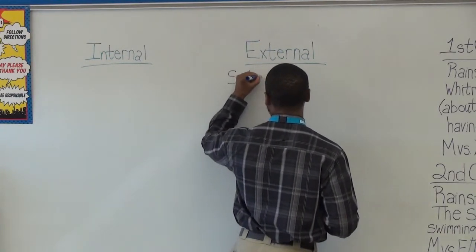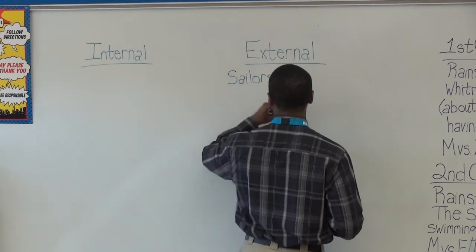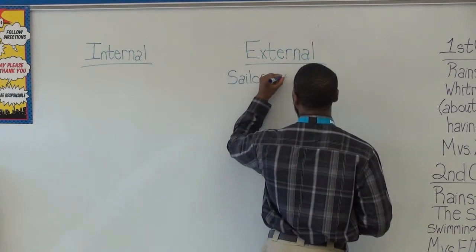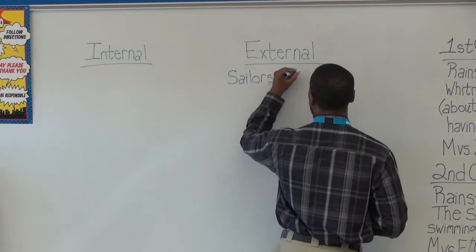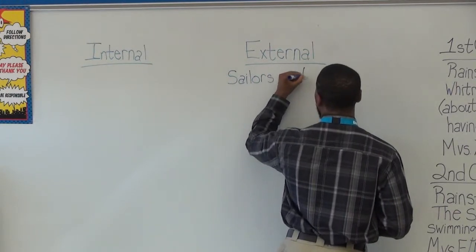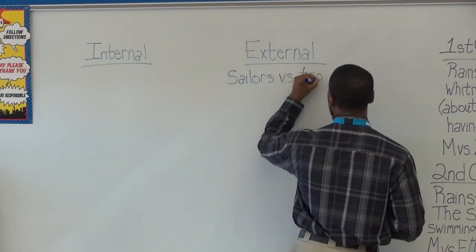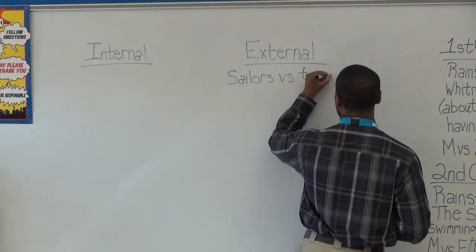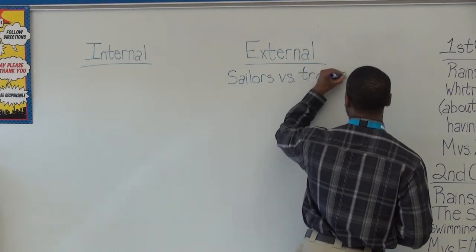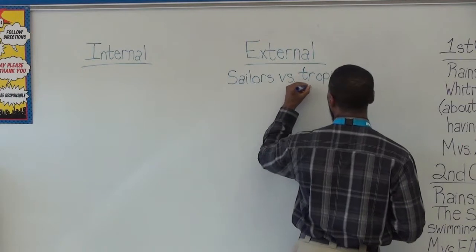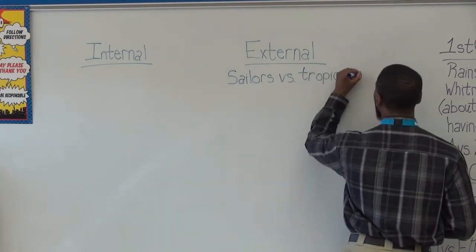Okay? So we're going to say sailors versus tropical night. You can say dark tropical night, you can say tropical night, whatever you need to. So the sailors versus the tropical night.